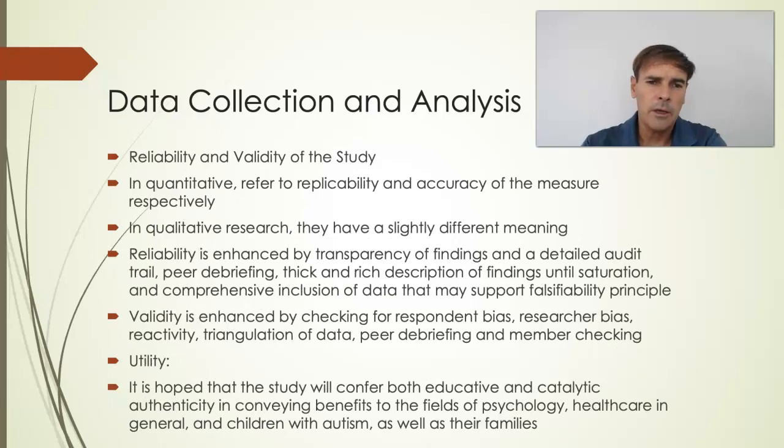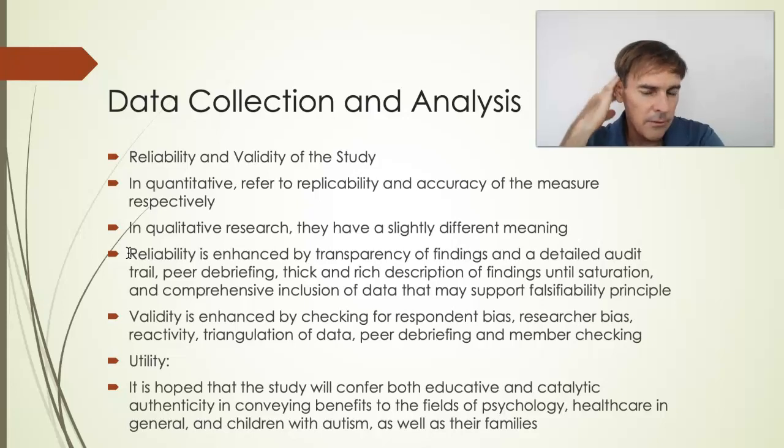I would just say a quick thing about the reliability and validity of the study. So in quantitative, we're referring to the replicability and accuracy of the measure, respectively. In qualitative, it's slightly different. Reliability is, are you very transparent and thorough with documenting how you did the study? So if somebody tries to do one just like yours, could they expect to get somewhat similar results?